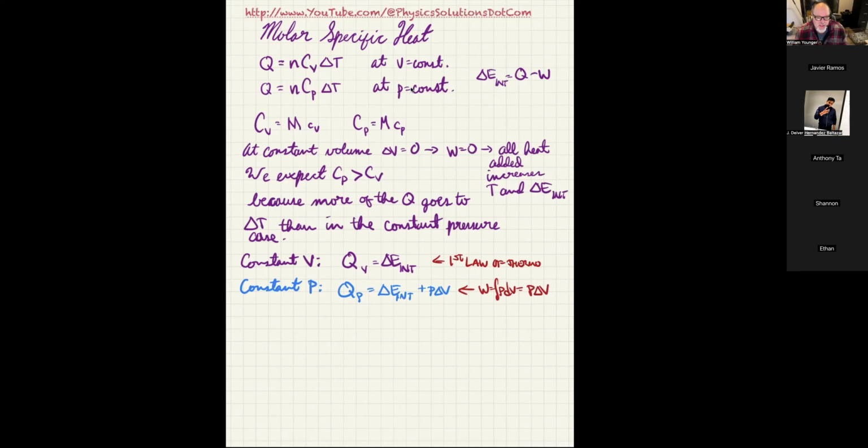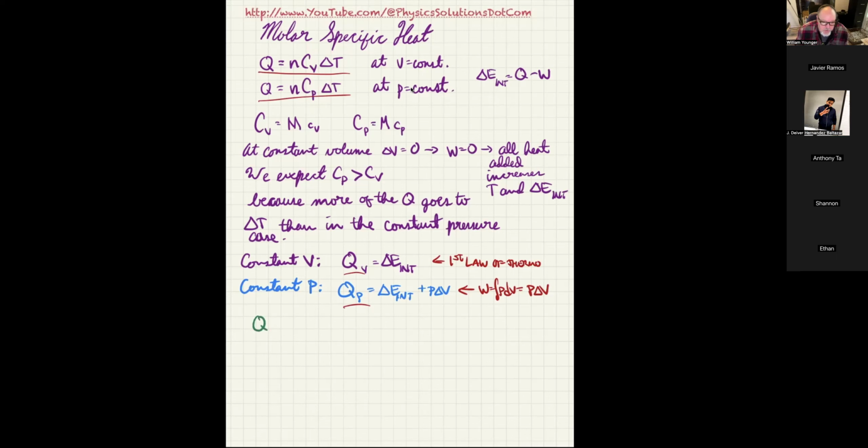And because of that, I can actually substitute what those values are from this equation right here and this equation right here. I can plug these in for QV and QP. So if I take that second version of the QV and the QP, let's try doing this.